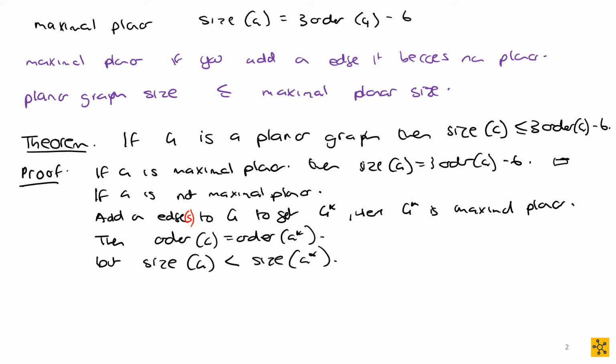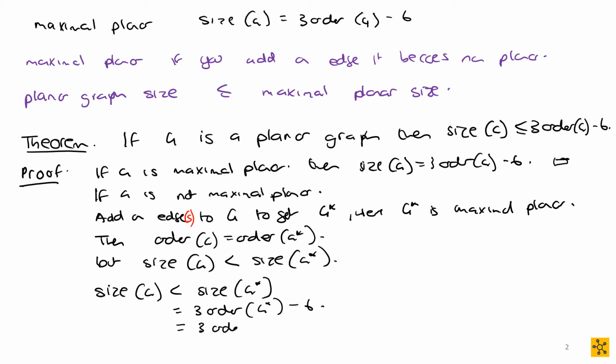We've added enough edges to make G star maximal planar, so we know its size: 3 times the order of G star minus 6. But the order of G star is equal to the order of G, so we can rewrite it as 3 times the order of G minus 6, and therefore the size of G is less than or equal to 3 times the order of G minus 6, and we are done.